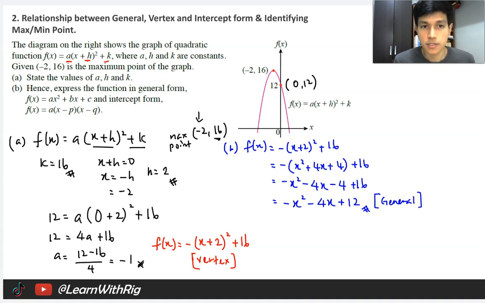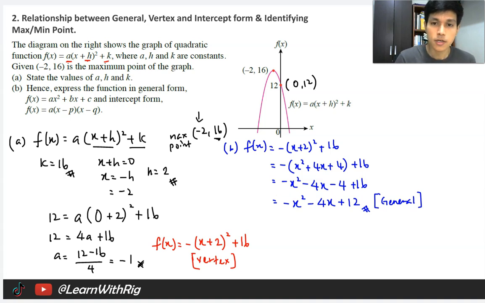Next, change it to intercept form. To change general form to intercept form, you have to factorize. Now the thing is, here is a negative. Like I said, whenever you have a symbol or a value in front, the best thing to do is change it to positive before you type it into the calculator. The reason is that if you do not do that, the calculator is going to simplify for you, and you'll get a different answer.